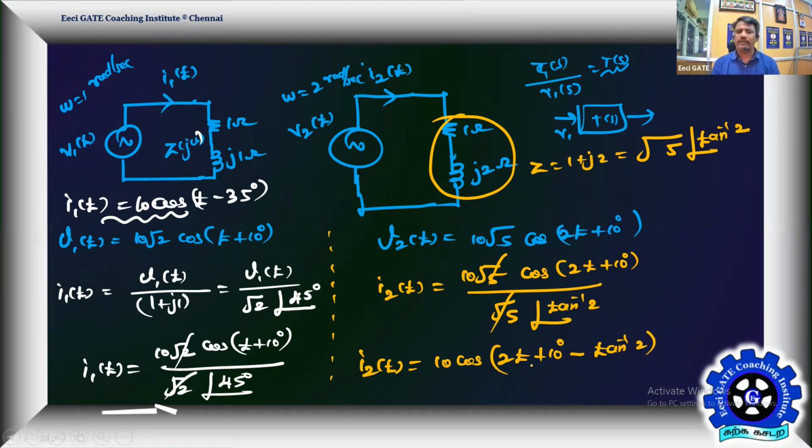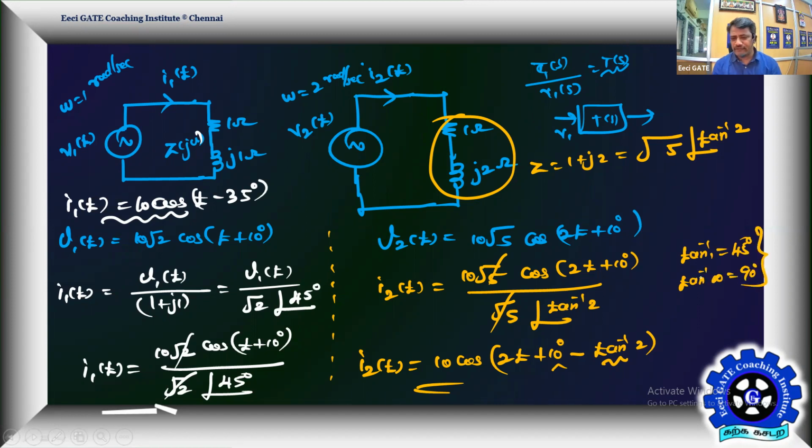Tan inverse of 1 is 45 degrees, and tan inverse of infinity is 90 degrees, remember.